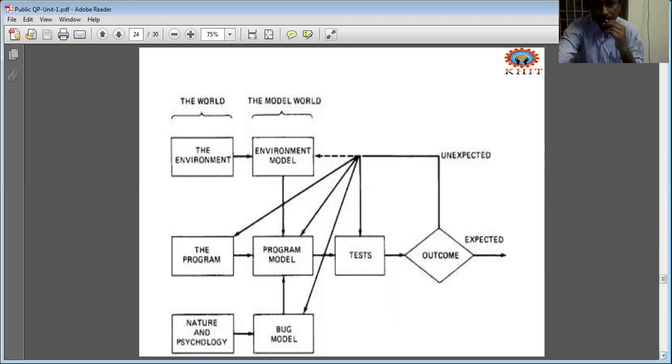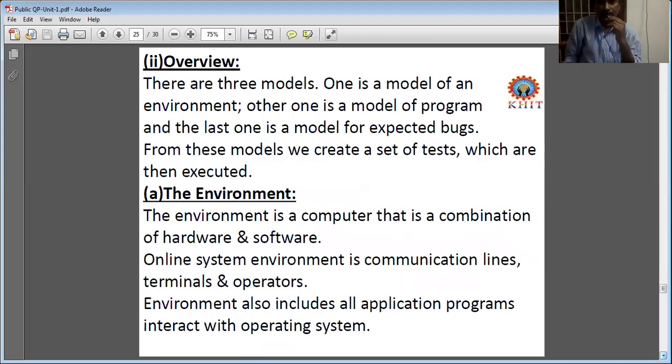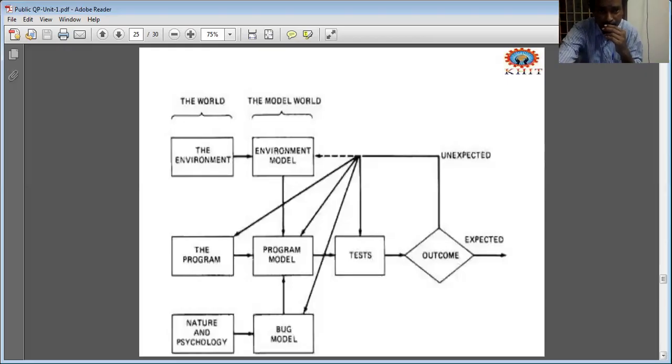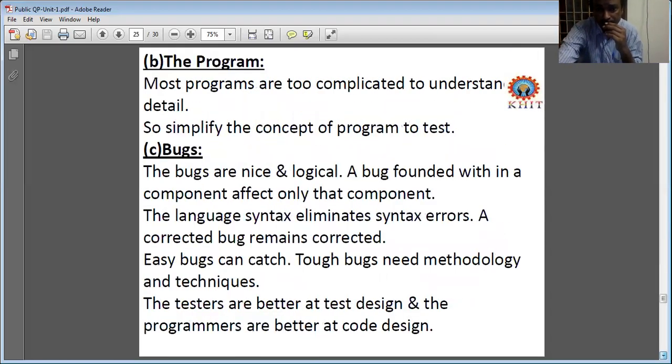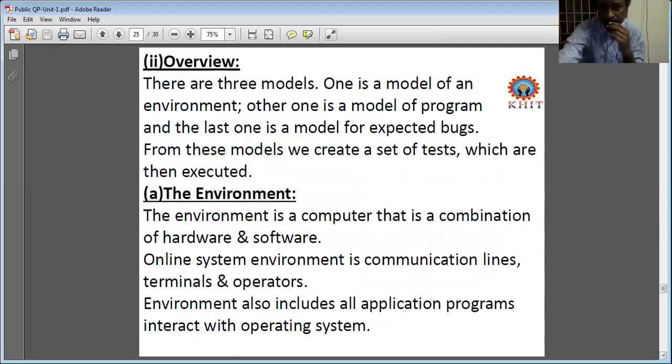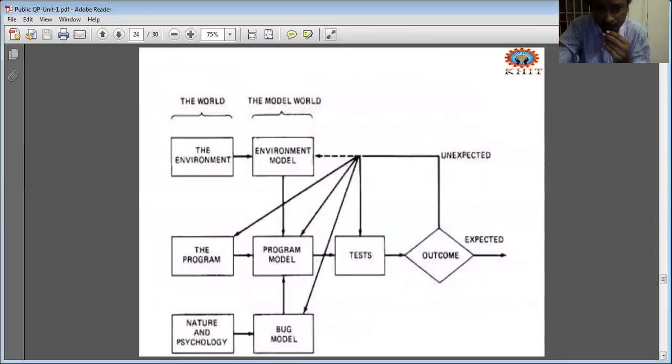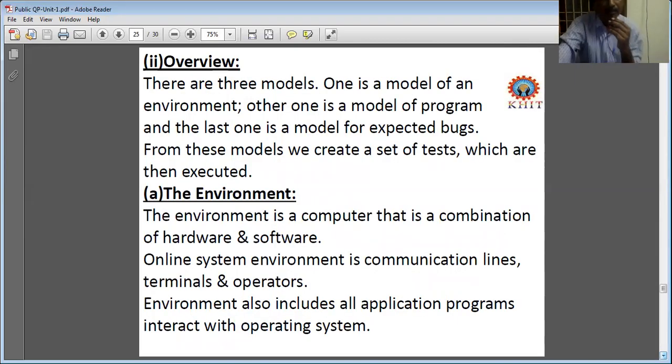Now, overview. There are 3 models. One is the model of an environment, the second one is the program, and the third one is bugs. So one is the model of an environment, another is the model of a program, and the last is the model of expected bugs.